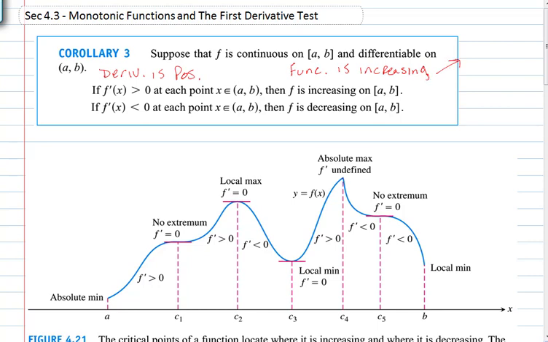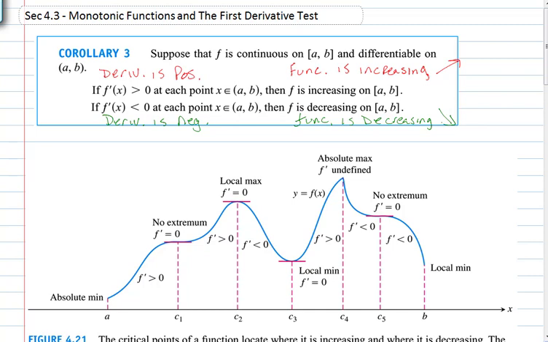If the derivative is negative, then the function is decreasing. That means it's going down as you move from left to right. That's basically all this says, and we've known that for quite some time now because we've been looking at the derivative as a slope of a tangent line.